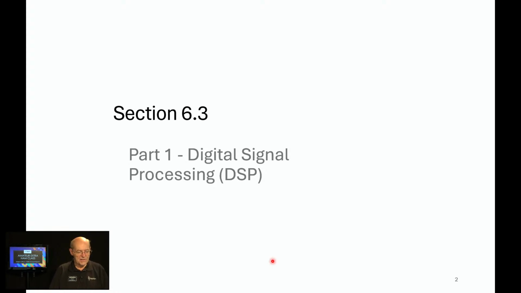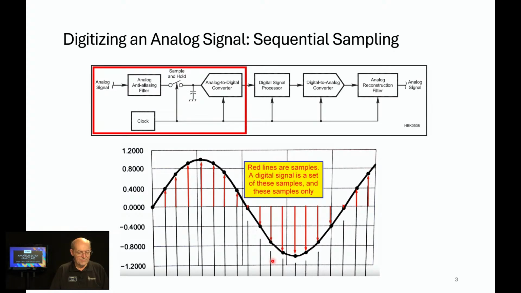To start off our discussion of software-defined radios, we'll chat a little bit about digital signal processing. And we've got a little section marked in red here. This is some of the electronics behind how sequential sampling works. The high-level overview is, here we've got a sine wave on the screen, and these red lines are samples.